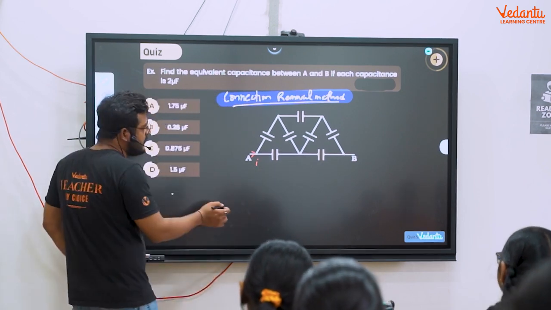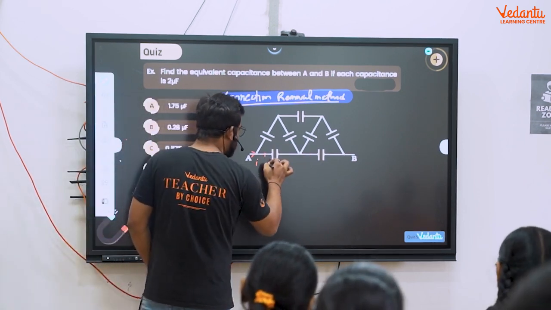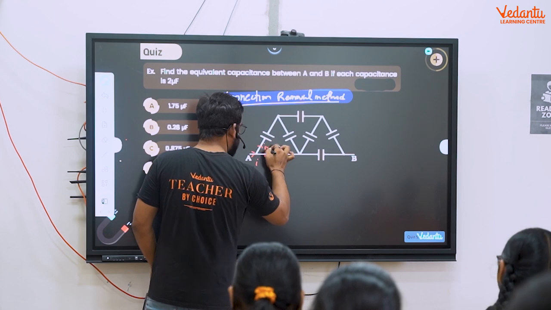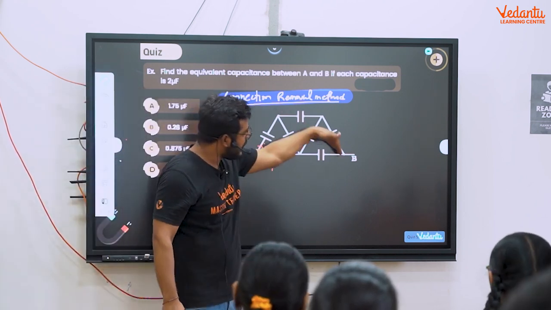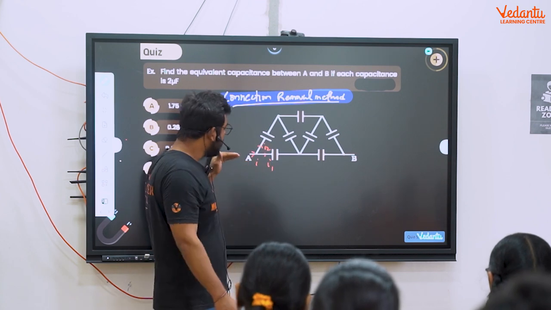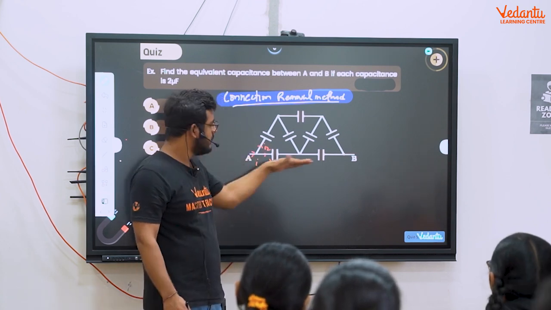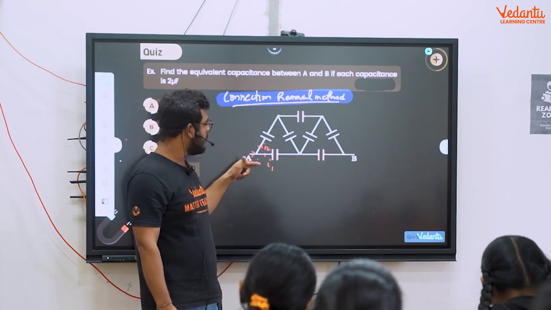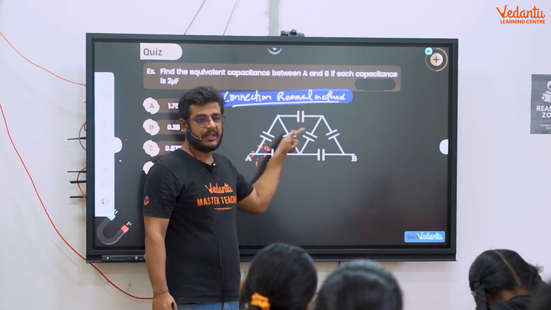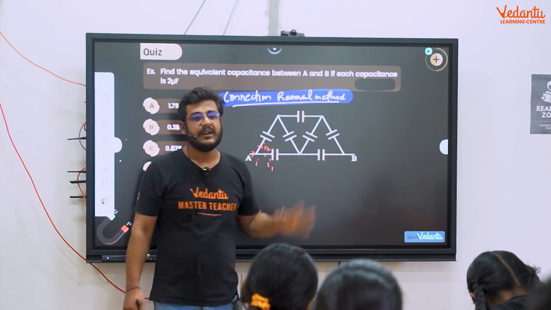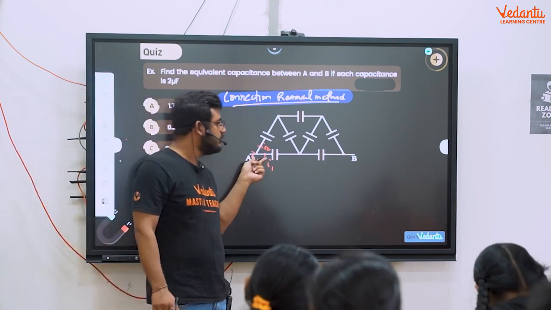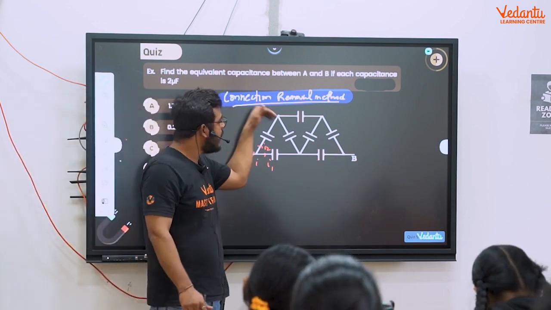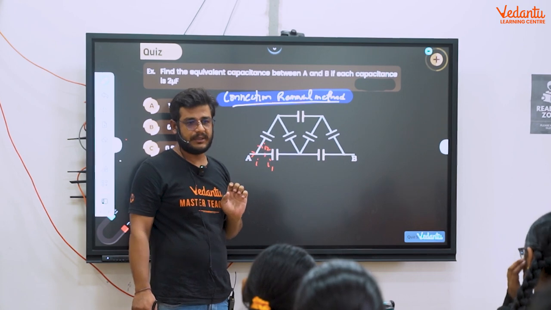Suppose I1 current is going here and I2 current is going there. Now I2 will go up and has to come back here again. But whenever I1 current is flowing in this branch, it will not cross this path. If it goes there, then the current will be confused where to go, right? So now I1 has to go straight and I2 has to go up to the upper path, right?